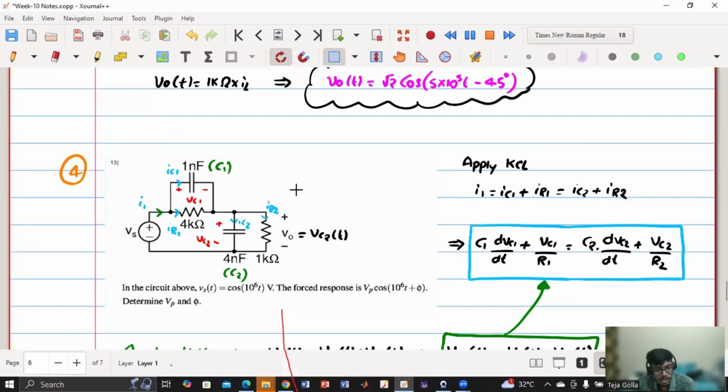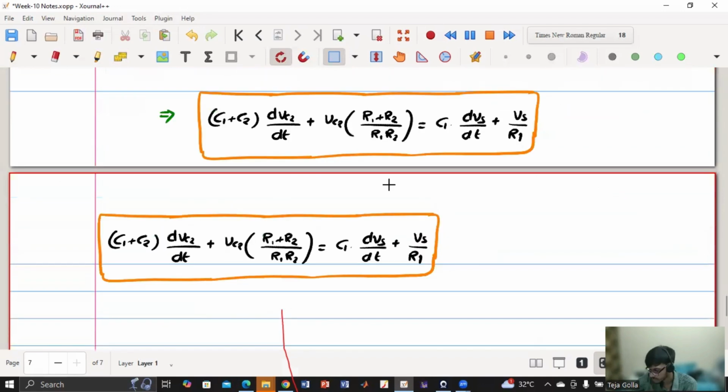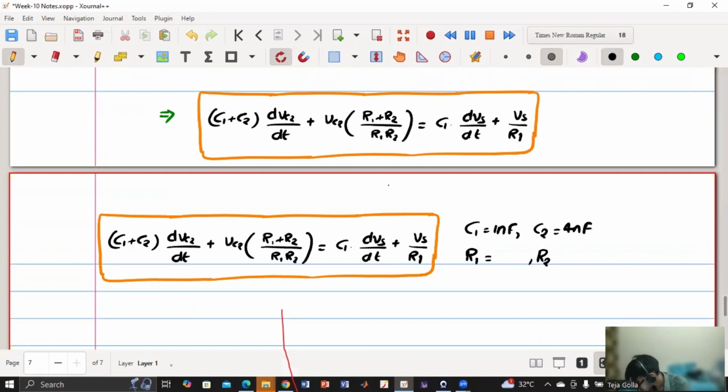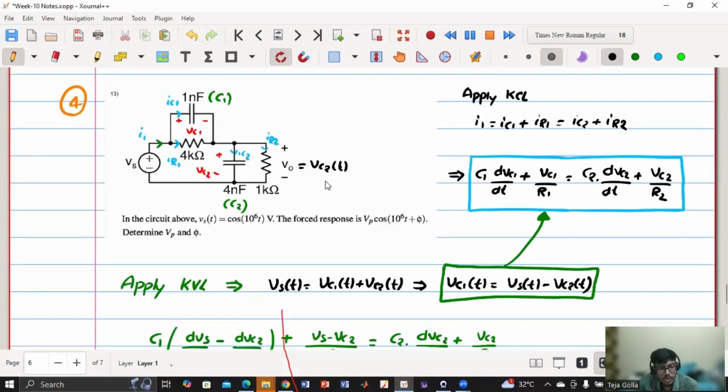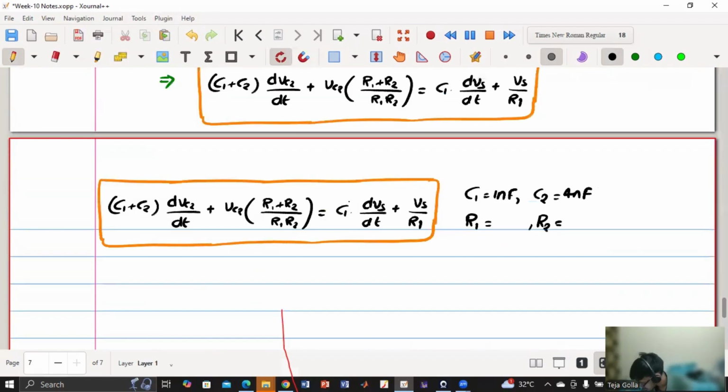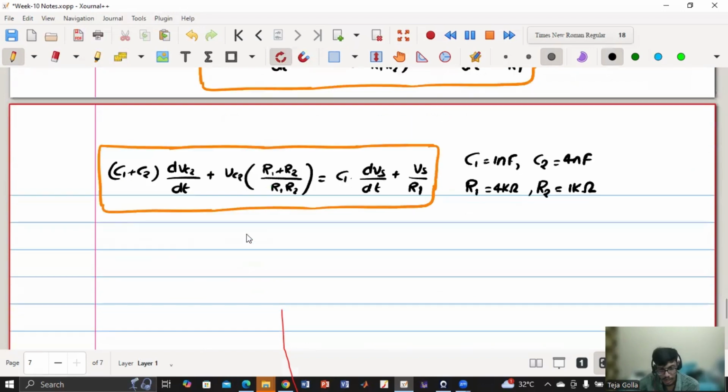C1 is 1 nanofarad, C2 is 4 nanofarad. We'll also write the values so that every time we need not go back. R1 is 4 kilo, R2 is 1 kilo. Let us substitute and see what happens.